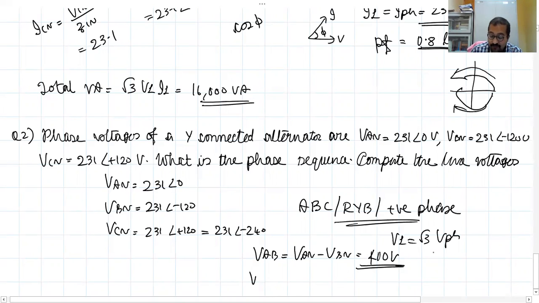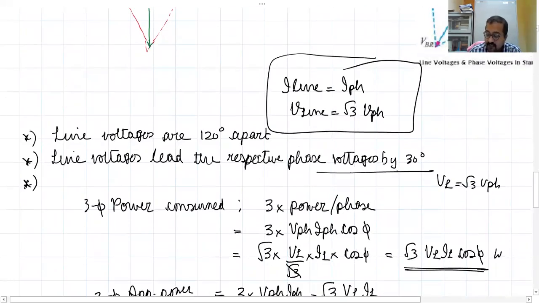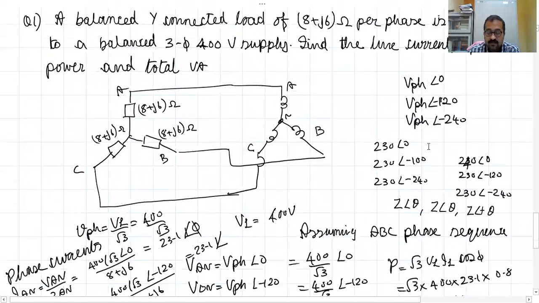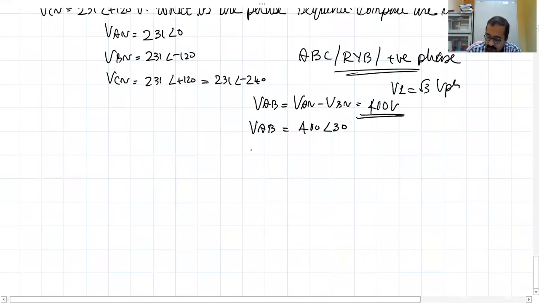If you are writing it in phasor form, what's VAB? It will be 400 angle plus 30, because the line voltages lead the respective phase voltage by 30 degrees. Since VAN angle is 0 degrees, VAB angle has to be plus 30. Then what will be VBC? 400 angle minus 90.